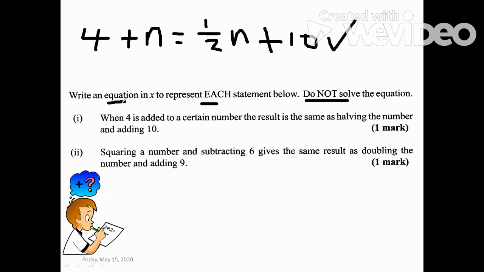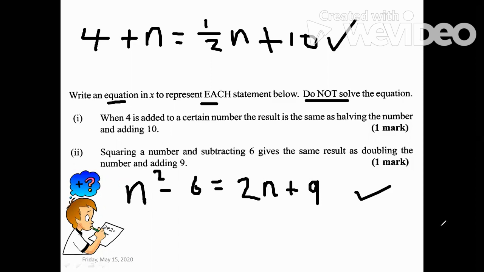That's the first part. The second part is squaring a number and subtracting 6 is the same result as doubling the number and adding 9. That's the answer. So we're not required to solve it.